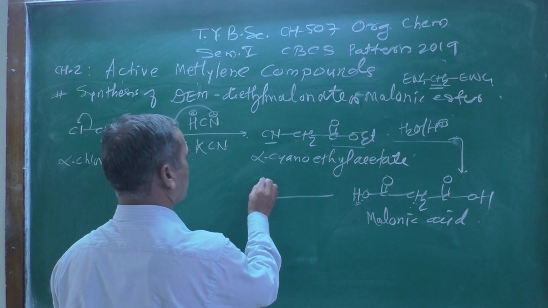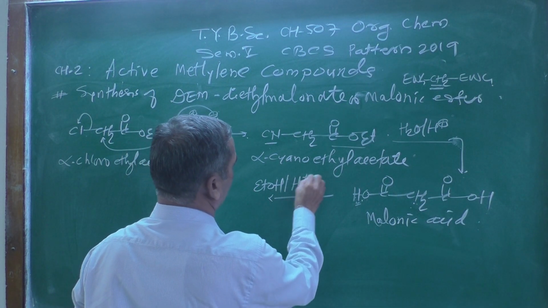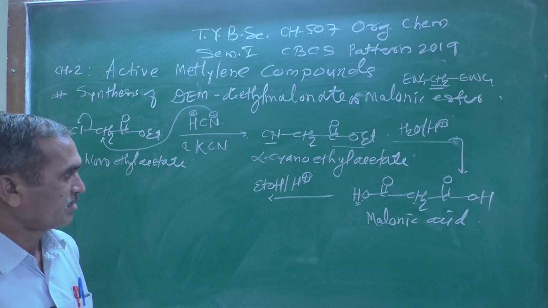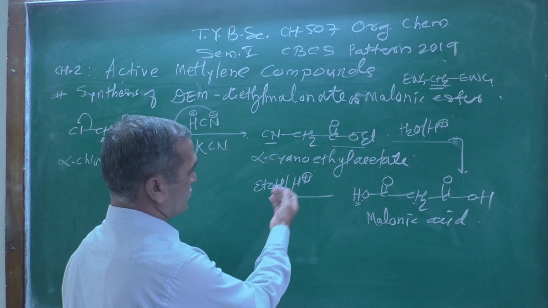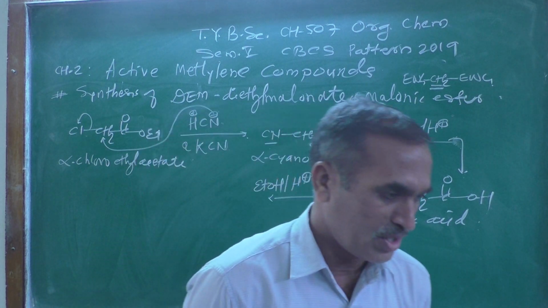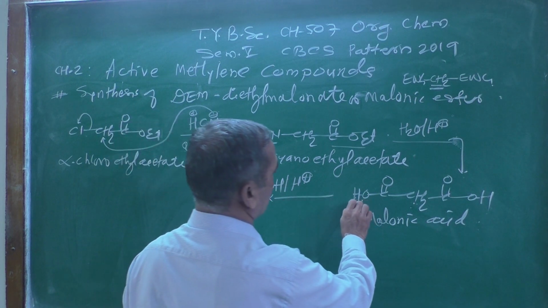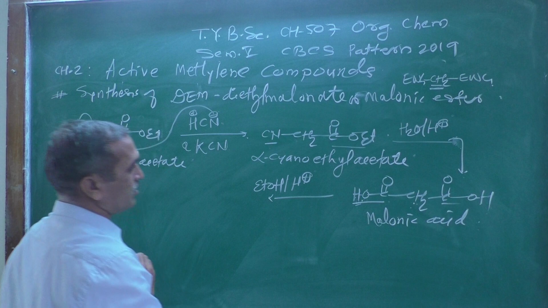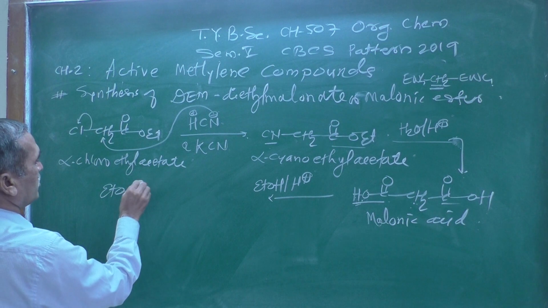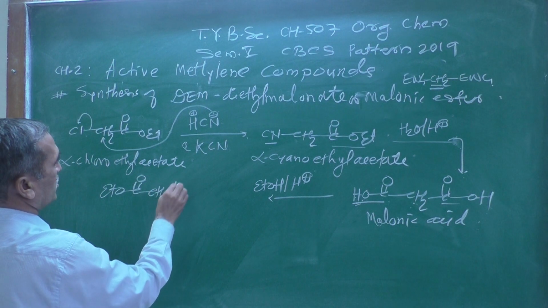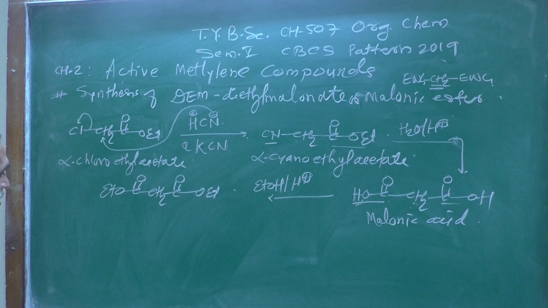Here just treat with EtOH in presence of H plus, that is an acid. EtOH in presence of the acid, what will happen here? Ethanol in presence of H plus or a catalytic amount of H2SO4. When you use it, what do you get? This acid group gets converted into the ester, and you will get here EtO, then C double bond O, then the next one CH2, C double bond O, and then OEt, and this is called a malonic ester.